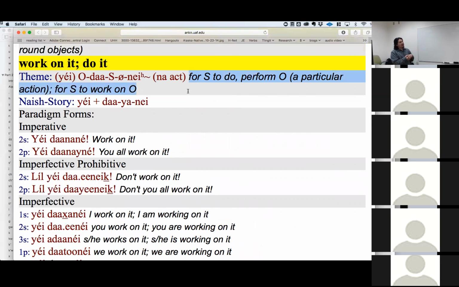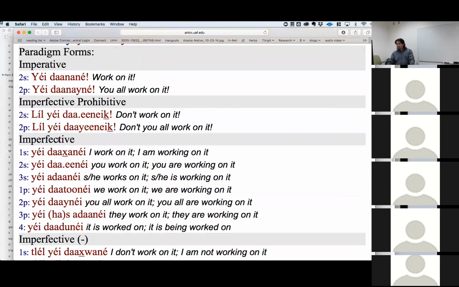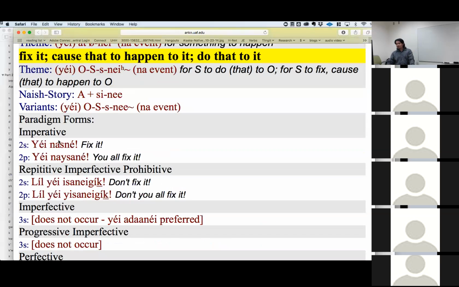Or you could say yan geyune, are you ready? Those are the exact same verb root, and same with this one. Dasaye da'ine, what are you working on? And that could be beating or cutting fish, or so this one usually has some really specific kind of purpose we're referring to.